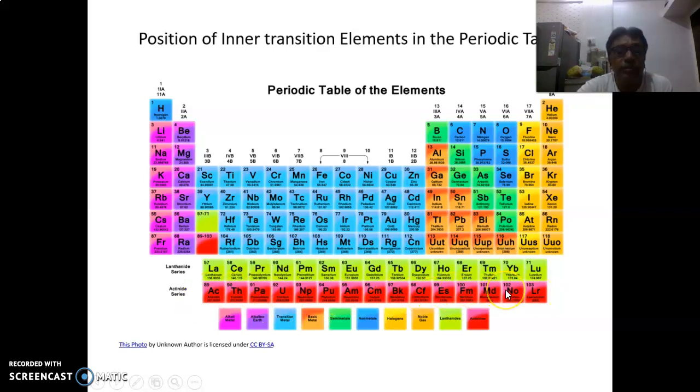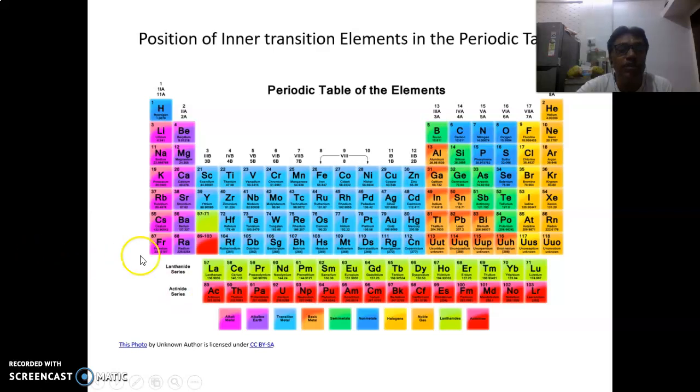The elements are actinium, thorium, protactinium, uranium, neptunium, plutonium, americium, curium, berkelium, californium, einsteinium, fermium, mendelevium, nobelium and lawrencium. These elements are called actinones or actinides, and these elements are placed at the bottom part of the periodic table because they have similar chemical properties.